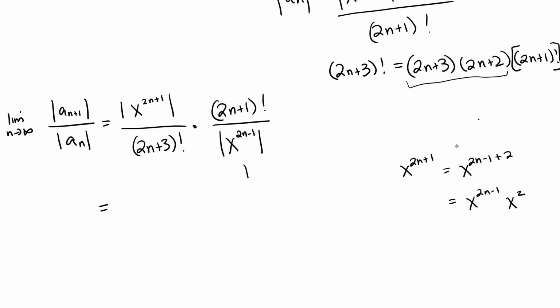And that's useful because we have x to the 2n minus 1 here, and so we want to have this piece cancel out with that. So let's put that all together. Our numerator is x to the 2n minus 1 times x squared. And then here we've got 2n plus 1 factorial.